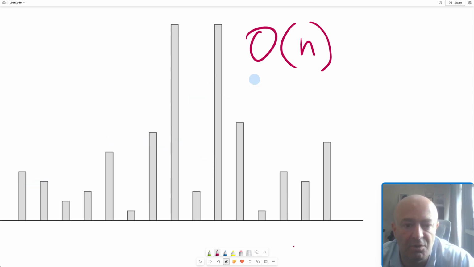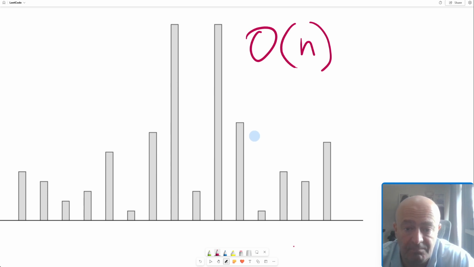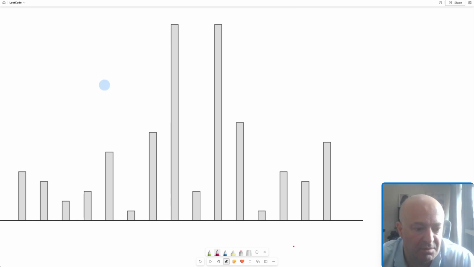So you cannot skip even two walls. That means you have to examine roughly every wall. That's your O(n) right there. So let's start by looking for an algorithm that has order of n operations.